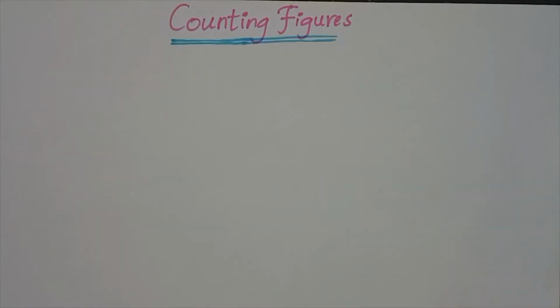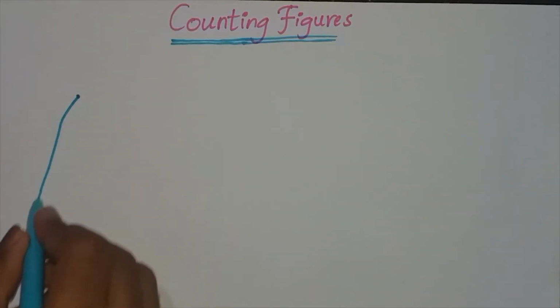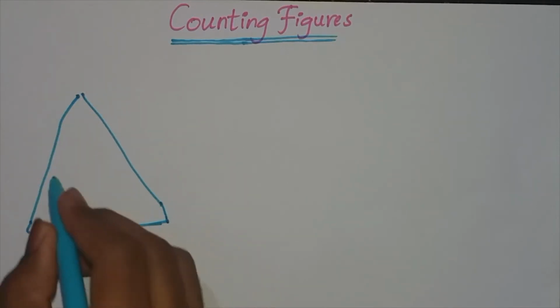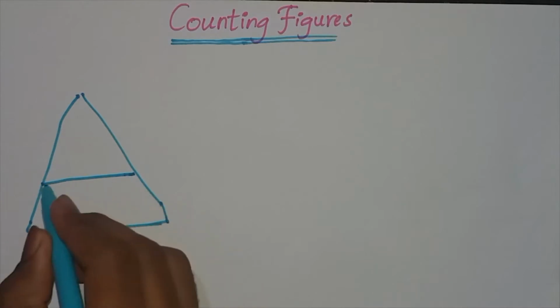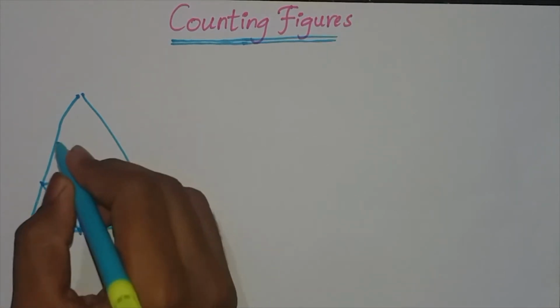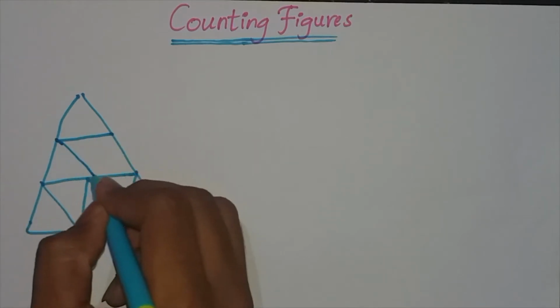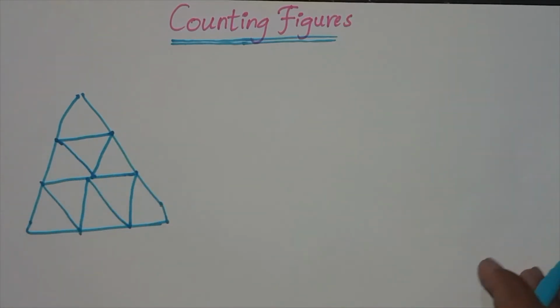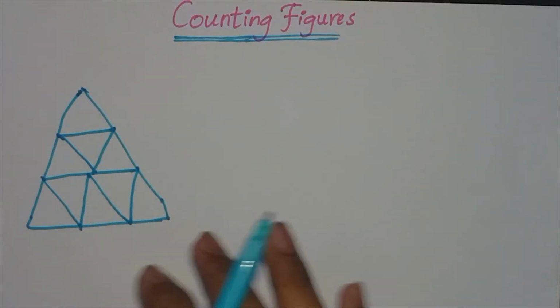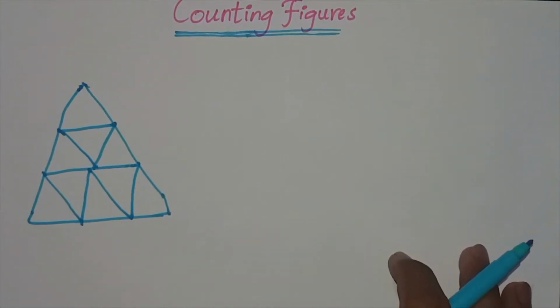So the first question is, this is the given triangle. In this triangle, how many triangles are there?